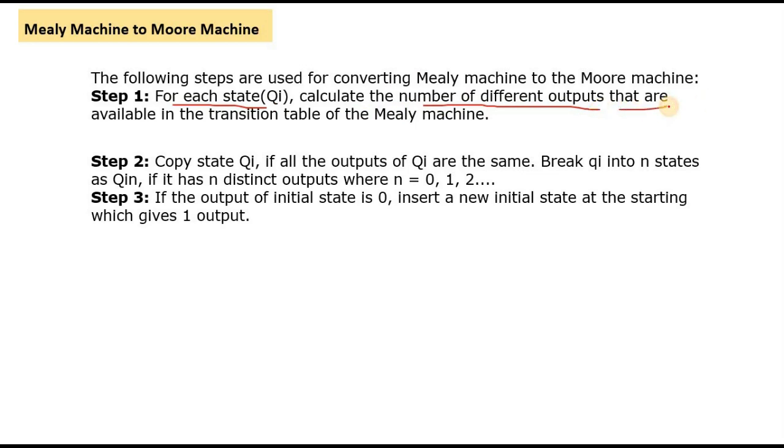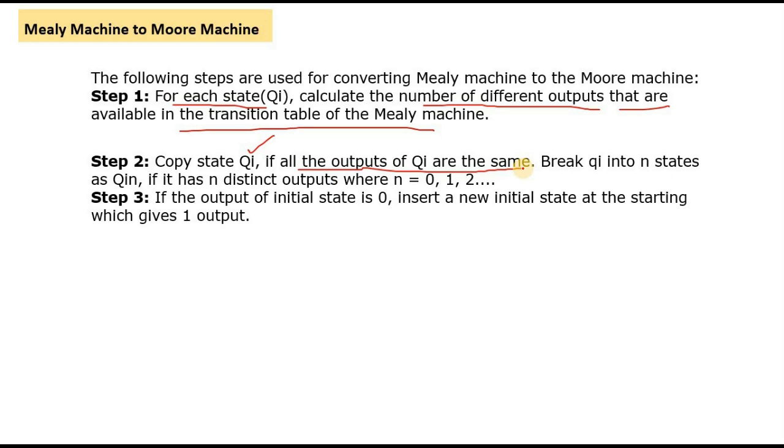For Mealy machine, so different outputs. For each state, calculate the number of different outputs and copy the state qi if all outputs of qi are the same. So that means first you need to identify, for the same state, different outputs, and for the same state, same outputs for different inputs.